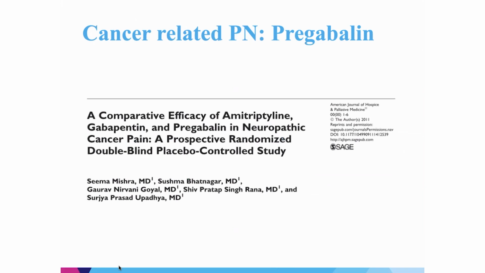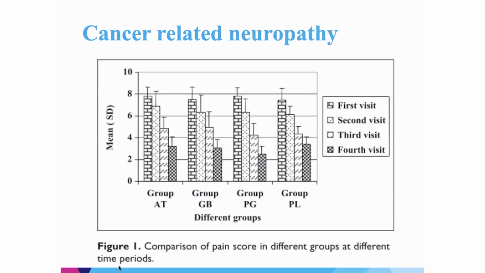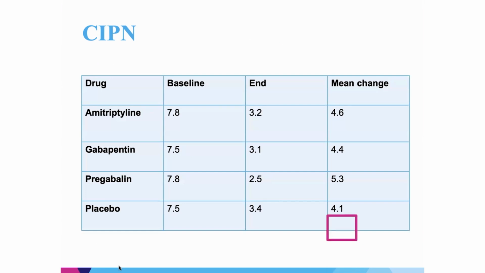Then talking about pregabalin. This was a study that was done again a number of years ago, comparing amitriptyline, gabapentin, pregabalin, and placebo. Duloxetine was not included in this, but you can see pregabalin is the third group, and you can see in the fourth visit there was a reduction in cancer-related neuropathic pain in that group compared to the other groups.